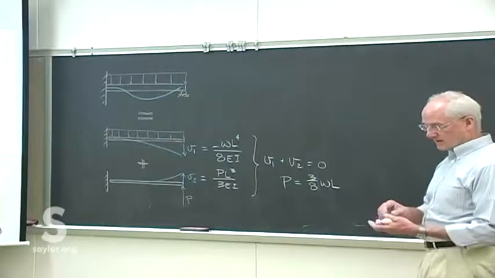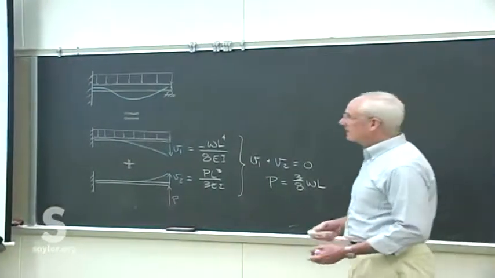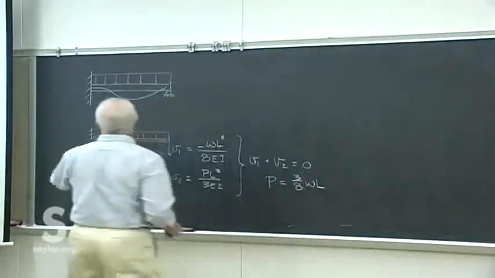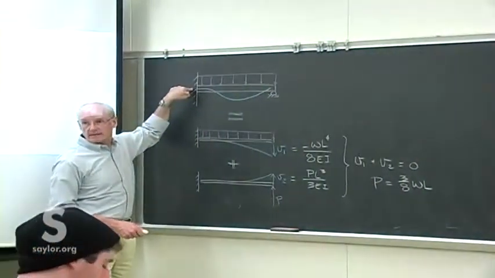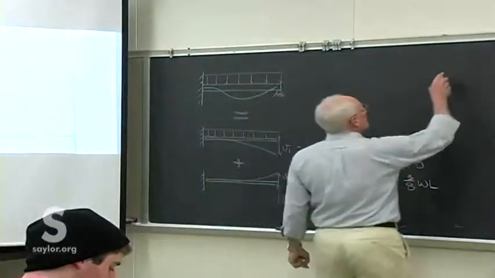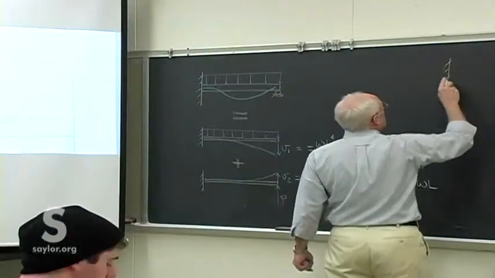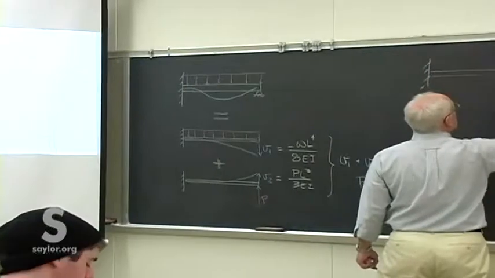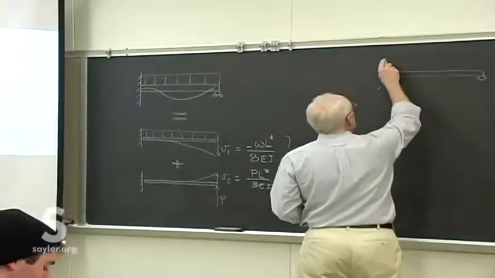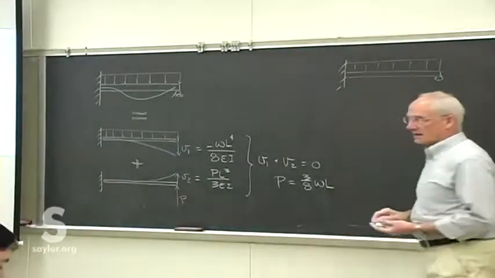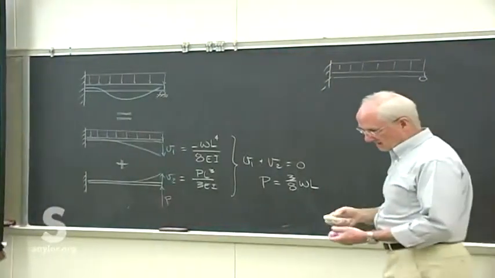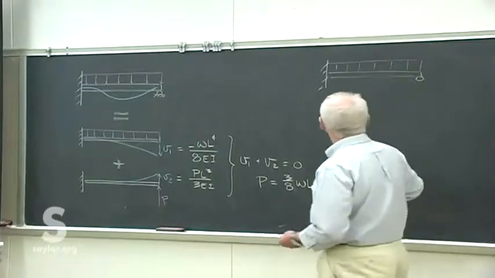However, you're not done, because we don't have the reaction at the wall. We also need that. So that is going to take a separate model to find the reaction at the wall.